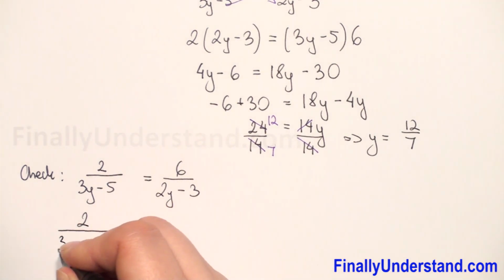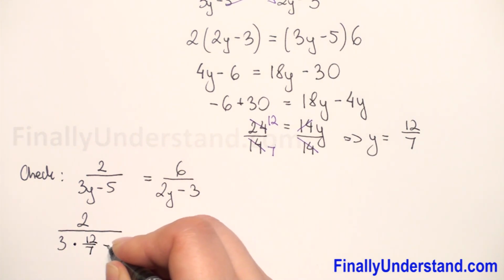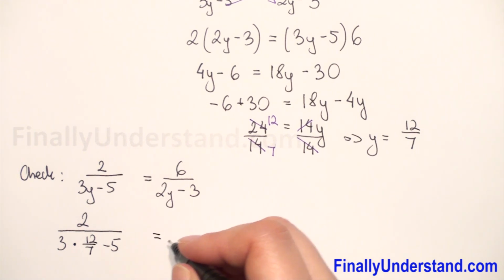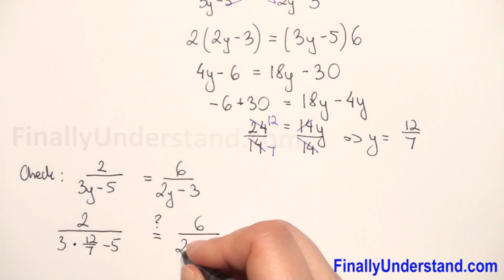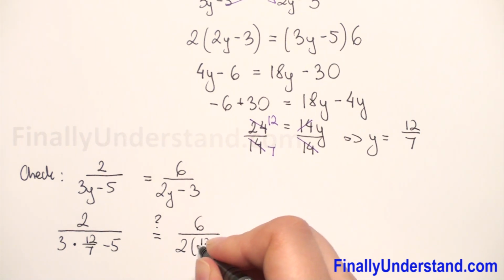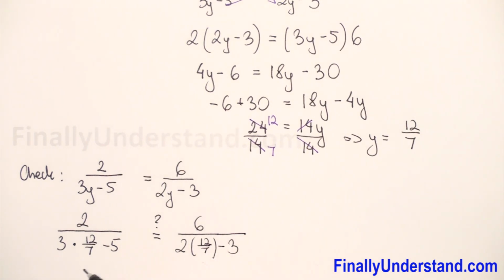We have 3 times 12 over 7 minus 5. This is equal, I have to check, to 6 over 2 times 12 over 7 minus 3. Because we have multiplication here and 3, we can always write that this is over 1. The same with 2.